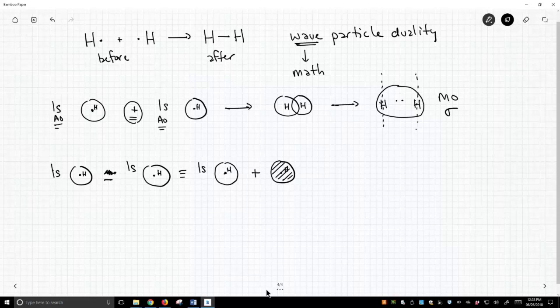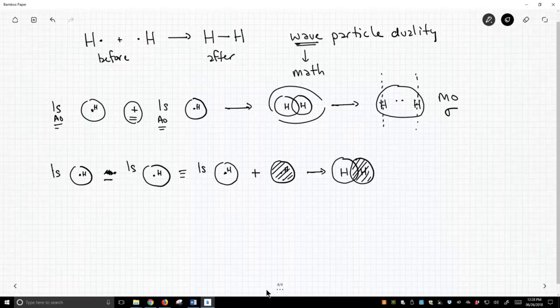So now we're going to bring these two orbitals close together in space, just like we did with these two. And so we're going to have our H. Great, there's one of our 1s's. And now it's going to come in close proximity with and overlap with the negative of that orbital.